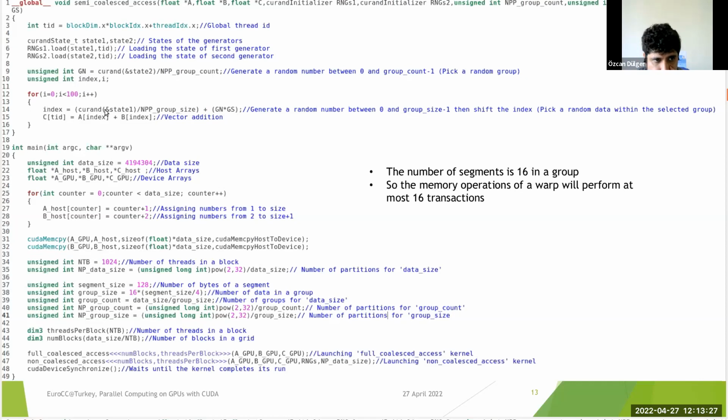Then the threads access the segments in that group. So the threads in the warp access the segments of the selected group, and it will perform at most 16 transactions.